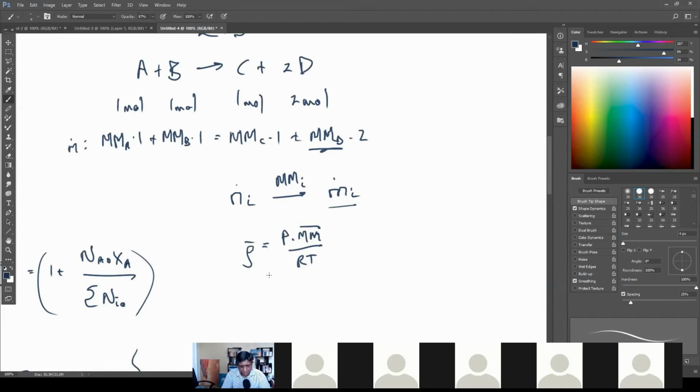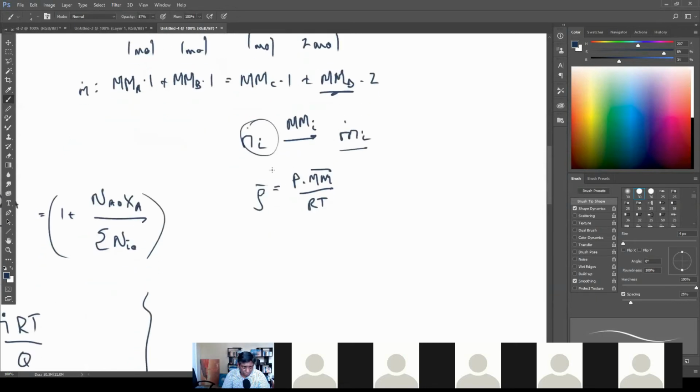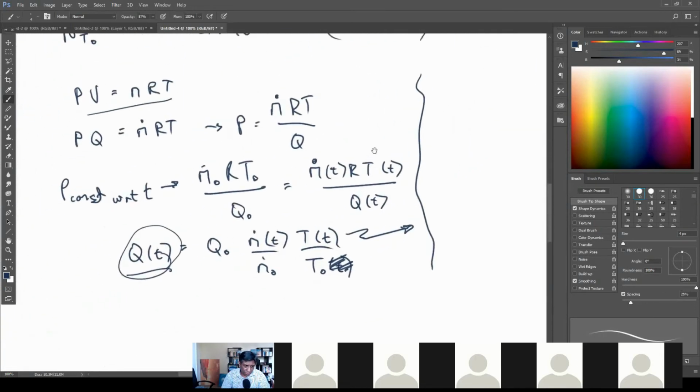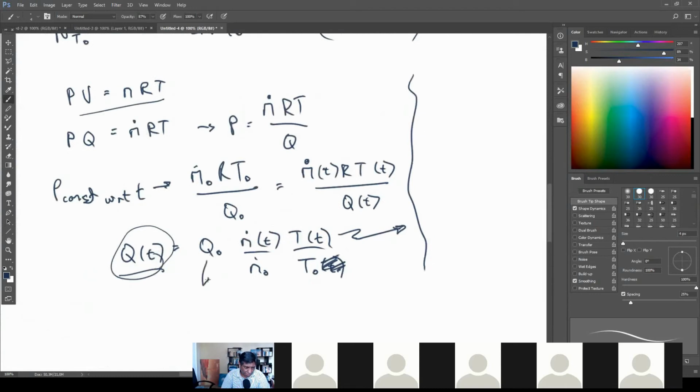What's given to you is your inlet molar flow rate, and you can translate that into a volumetric flow rate through these things. That defines for you your inlet volumetric flow rate. And then we've talked about how to get these things, and so you can put all that together to get Q.